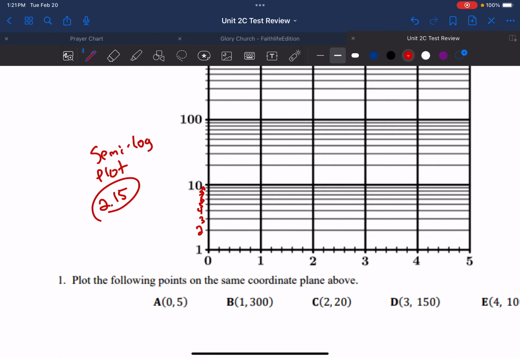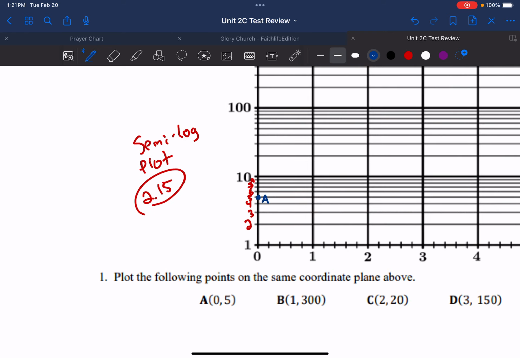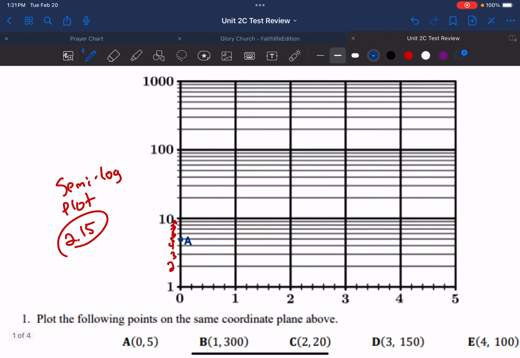And what this would look like is for A, 0, 5, that would be right here in blue, A. And then for B, 1, 300, the way this works, same thing here. So I start at 100, then 200, 300. So 1, 300 would be right here. That is B. And then C, 220.